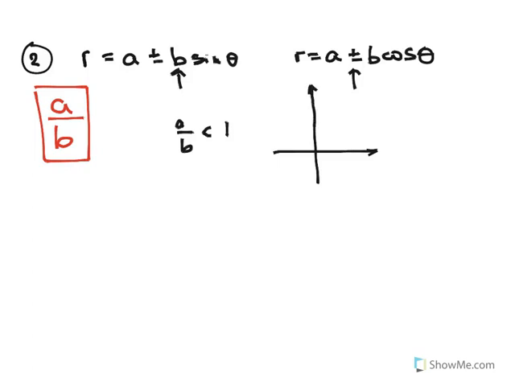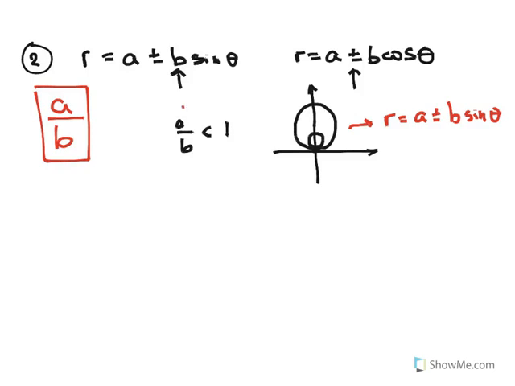So you're gonna get this kind of shape, centered at the origin, and you're gonna see this little loop, inner loop, and it touches the origin. Okay, so that you get when it says R equals A plus or minus B sine of theta.